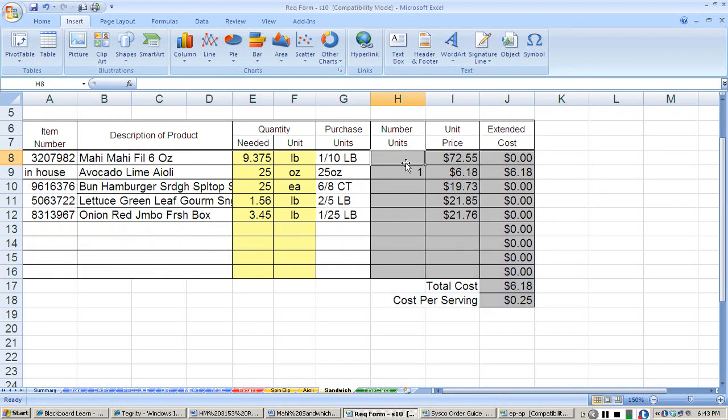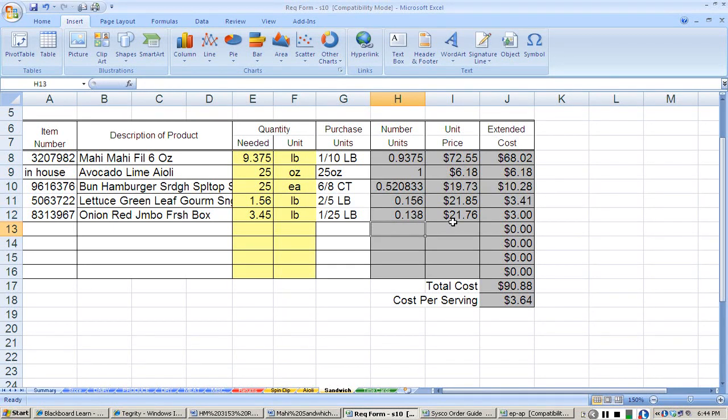Alright. And we'll figure up our cost per servings here. Alright, so plus 9.375 divided by 10. Plus 25 divided by 48, or 6 times 8. Plus 1.56 divided by 10. And plus 3.45 divided by 25.